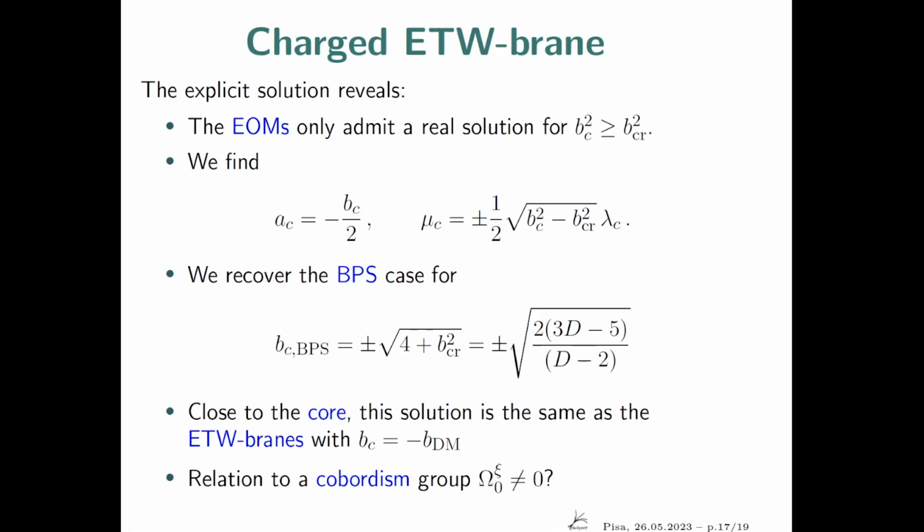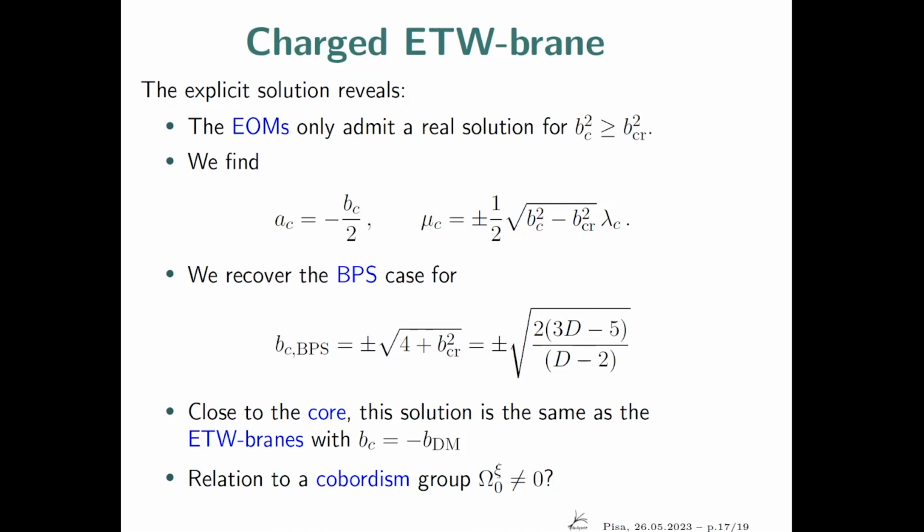Actually, it's minus the one here, the second last line. So we're finding the same bound from a completely different end of the world brane picture. The BPS case is also included by a certain choice here. And again, close to the core, this solution is precisely the same as the singular behavior of the Dudas-Mourad solution. So we think we have a very coherent picture here.